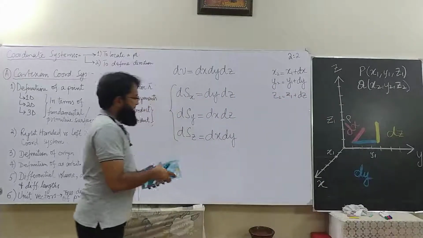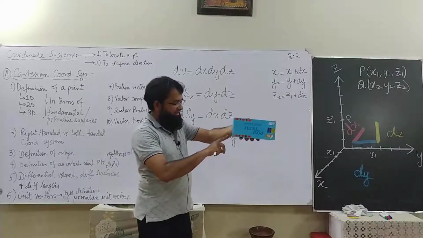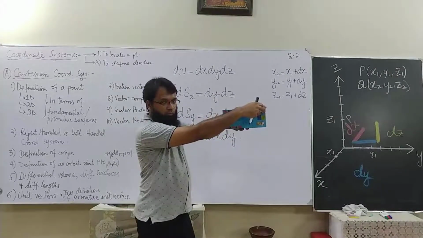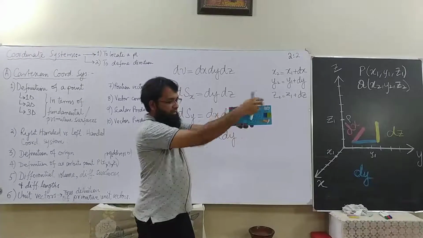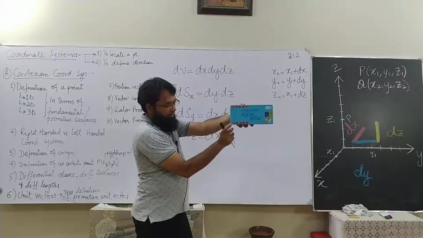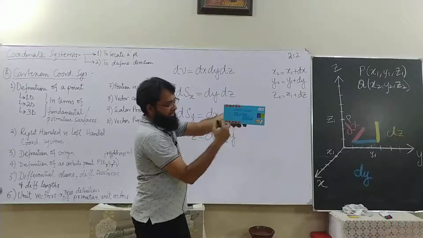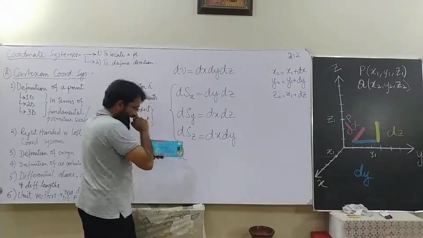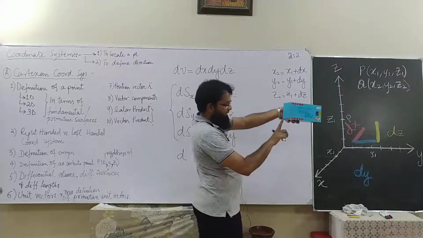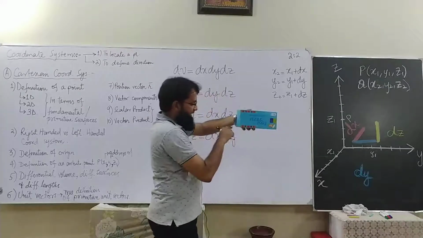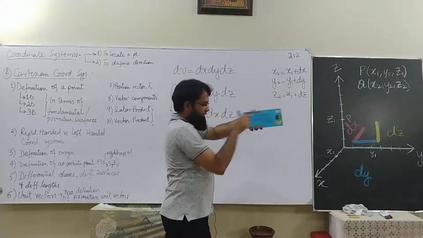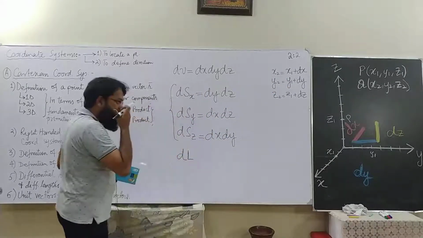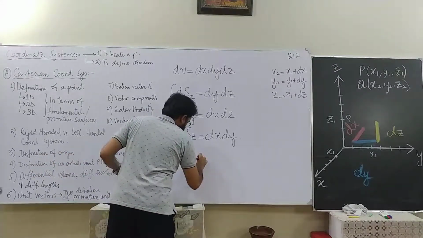Or if I want to ask you the distance between this point P and that point Q, and you already know the width, the height and the length, so you would say that the differential length, let me call the line which is joining this point and that point, obviously that line will go within this tissue paper box, a straight line, and let me call that differential line dl, because that line will be very small.